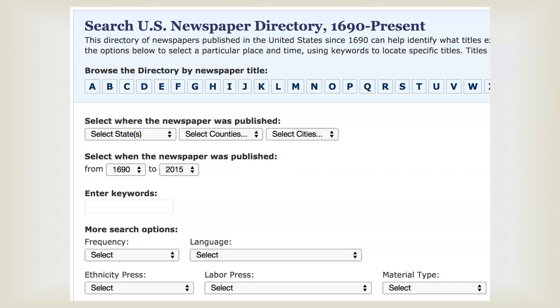You can even enter the time frame. So if you know where your ancestors lived and when they lived there, you can use a form like this on the Chronicling America site to find out the names of all the newspapers that might contain information about your ancestor.